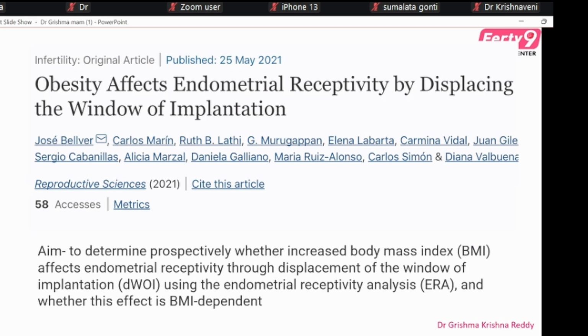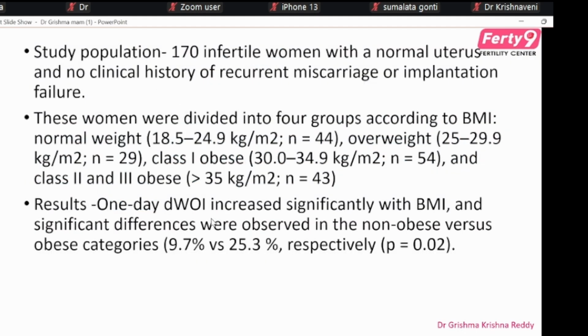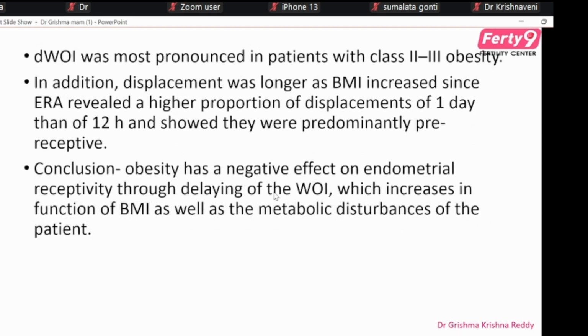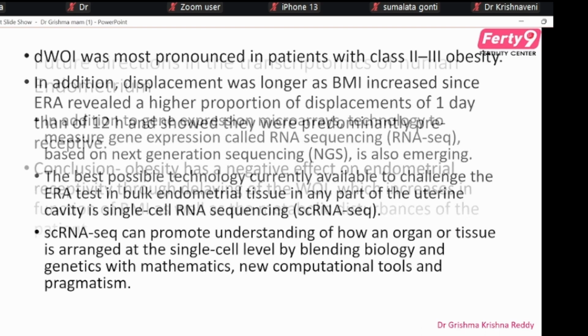Obesity: does it affect endometrial receptivity by displacing the WI? Obesity has a negative effect on endometrial receptivity through delaying of the window of implantation, which increases as a function of BMI as well as the metabolic disturbances of the patient.